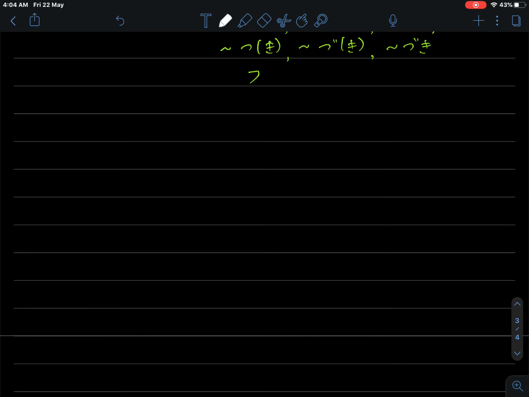Now let's quickly look at some words. So this is fugen, which is postscript.